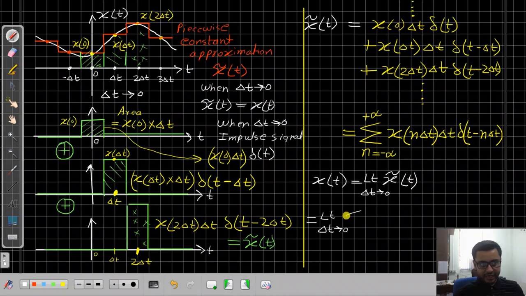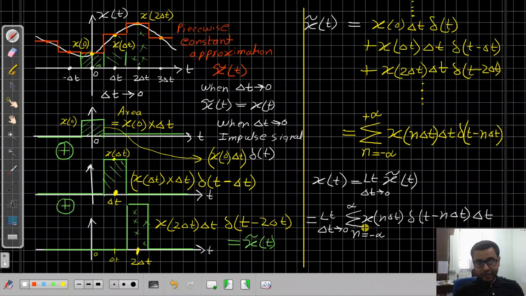Let me write this sum: x of n delta t, then let me write this term first, delta t minus n delta t, then this term delta t, and the sum is taken over n equal to minus infinity to plus infinity.